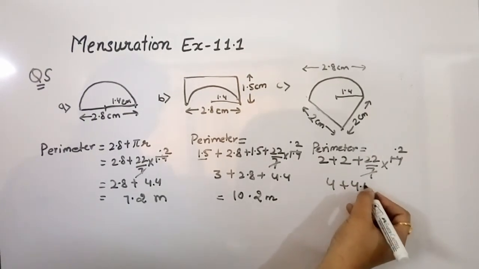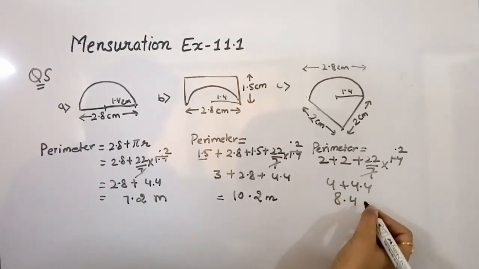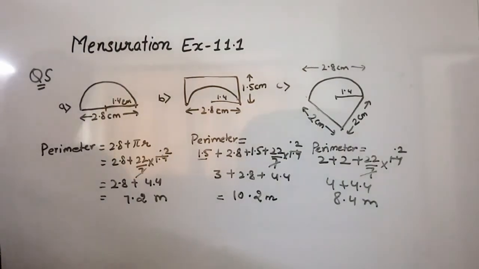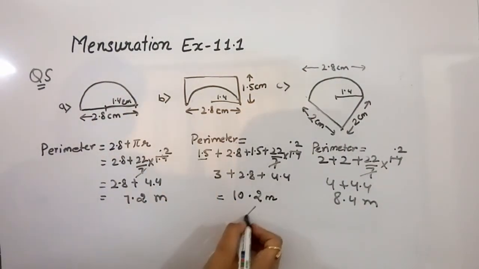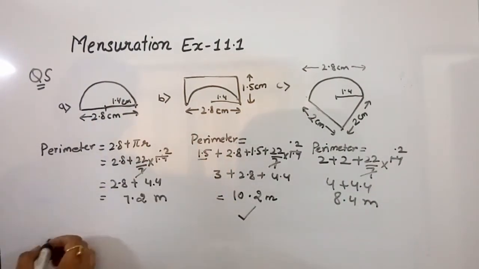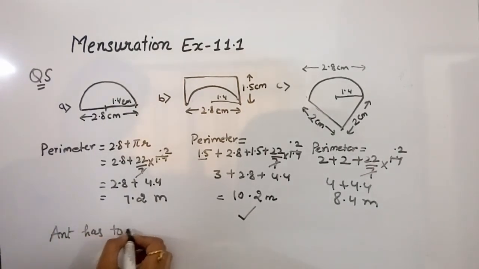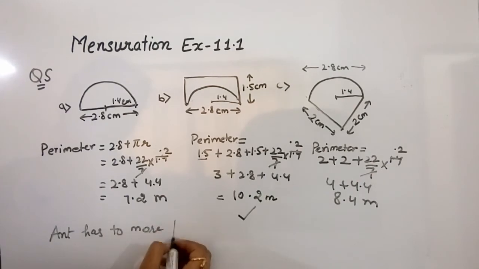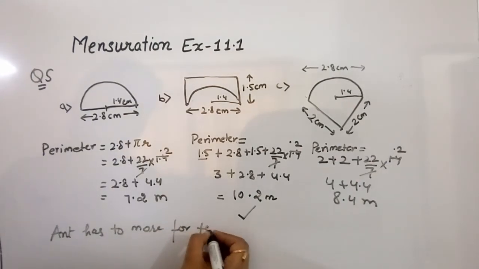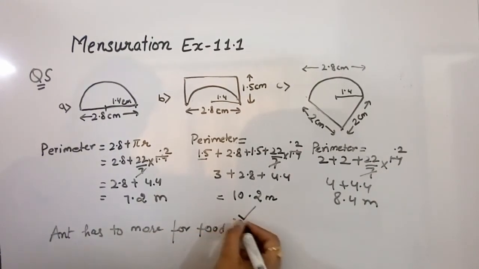Plus 4.4, this comes out to be 8.4 meter. So the perimeter of figure B is greater, so the ant has to move more for the food particle in figure B.